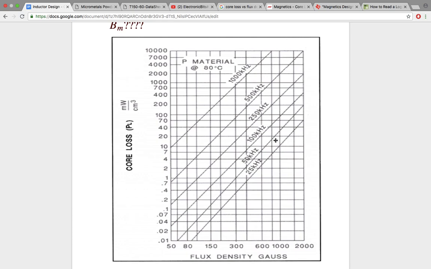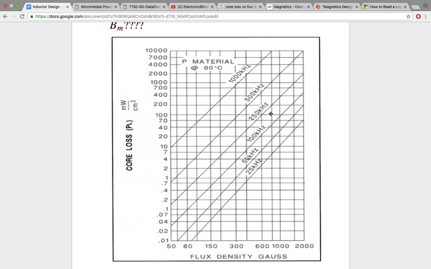So let's say we want to design it for 25 kilohertz. For 25 kilohertz, it's actually not intersecting, so you can go to still higher flux density. Let us say we choose 2000 Gauss. Basically, we find the intersection for 100 milliwatt per centimeter cube and choose the corresponding frequency plot.